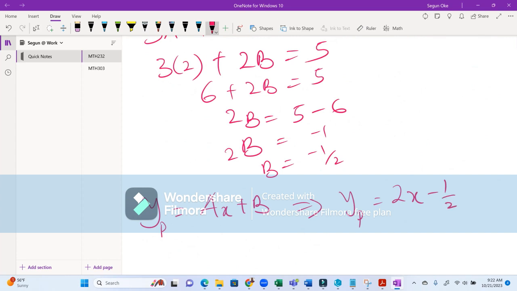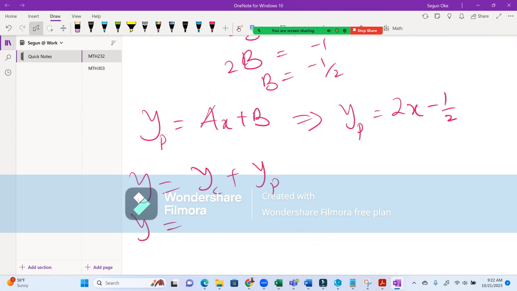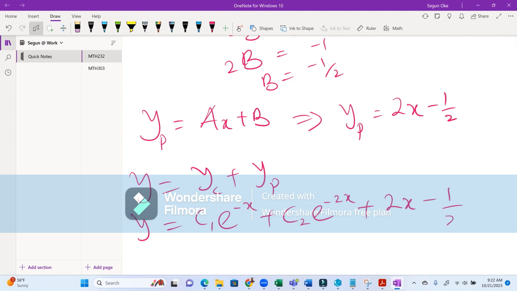Any question? Then what is yc? Our y is y complement plus y particular, so y is equals to yc plus yp. yc is C1 e to the minus x plus C2 e to the minus 2x, plus 2x minus 1 over 2. That is your final answer. Any question?